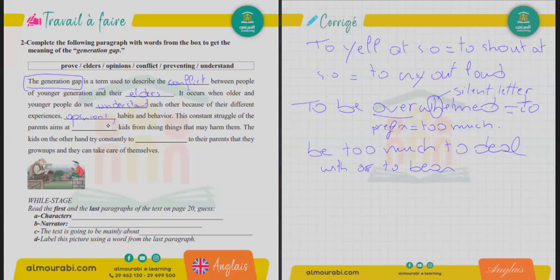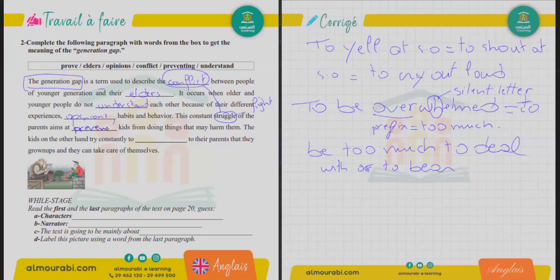This constant struggle of the parents aims at preventing kids from doing the things that might harm them. Very good. This struggle, this conflict, this fight, we can say fight too, between parents and their kids aims at what?